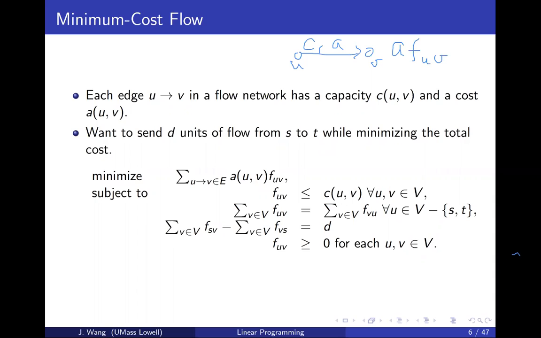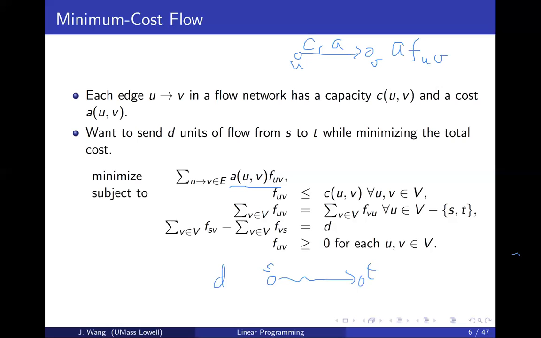What we really want to do here is, suppose I want to ship D volume of stuff from S to T, and I want to find a way so that the total cost is minimized. That means the objective function is the summation of a_uv times f_uv, and we want to minimize it.